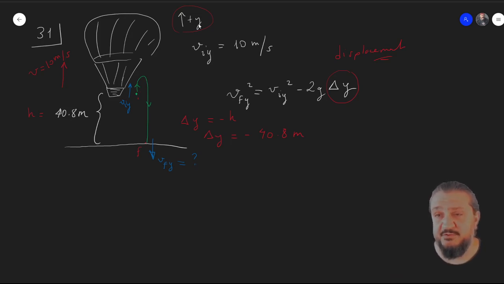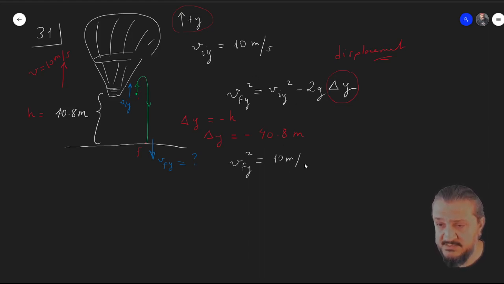Good. So all we have to do is solve this equation. Let's plug those numbers in. V final squared will be equal to V initial y squared, that is 10 meters per second squared, minus 2 times g. G is 9.8, okay? Not negative 9.8.